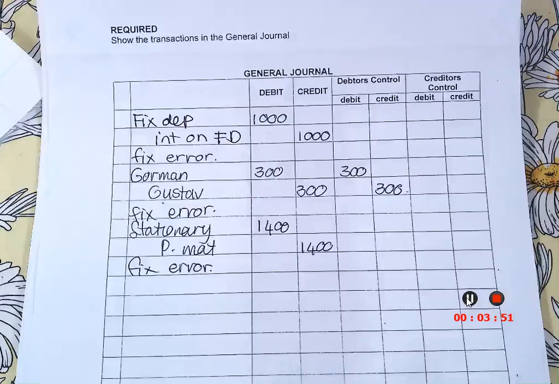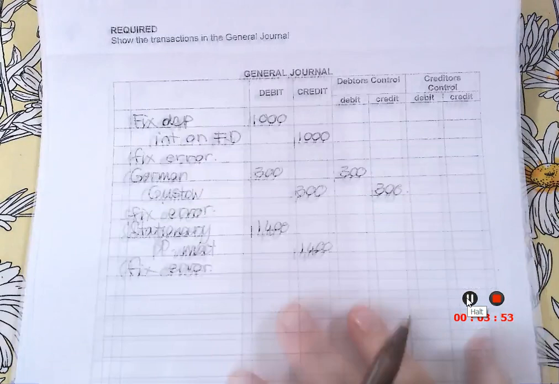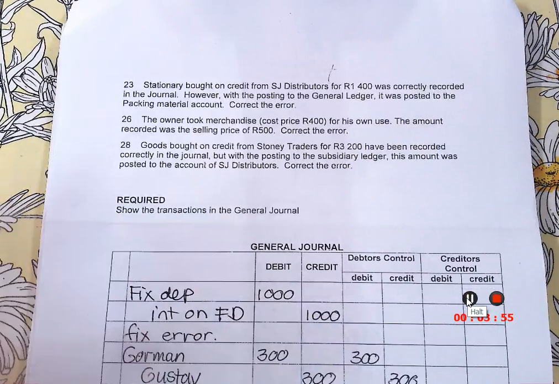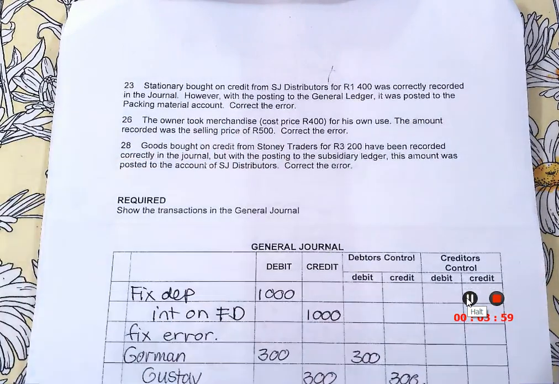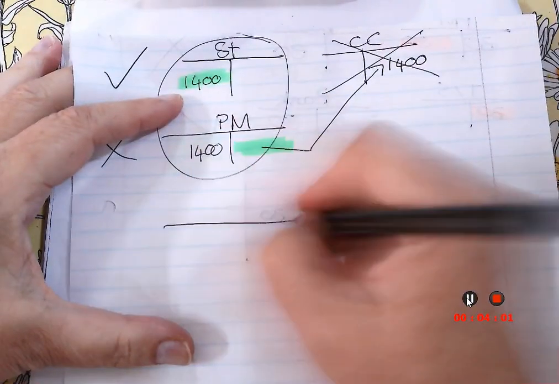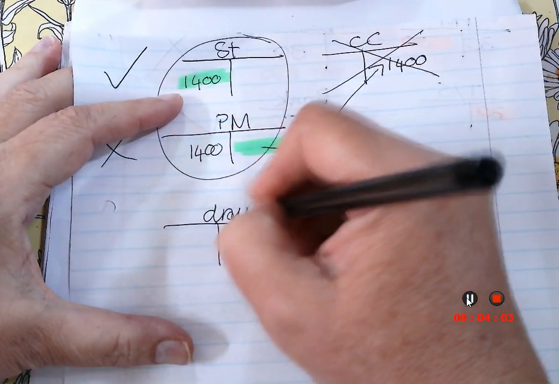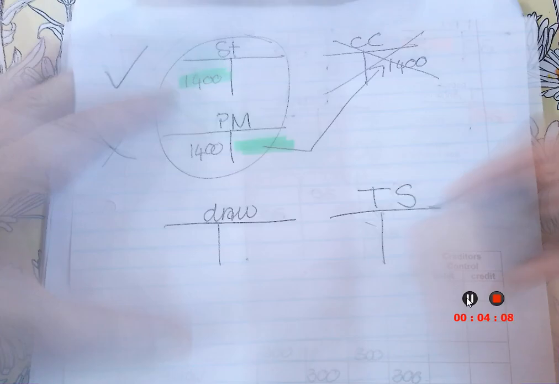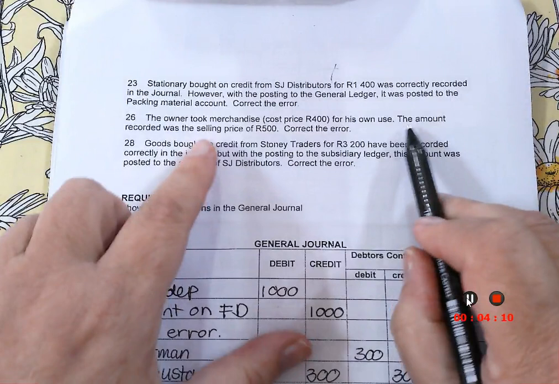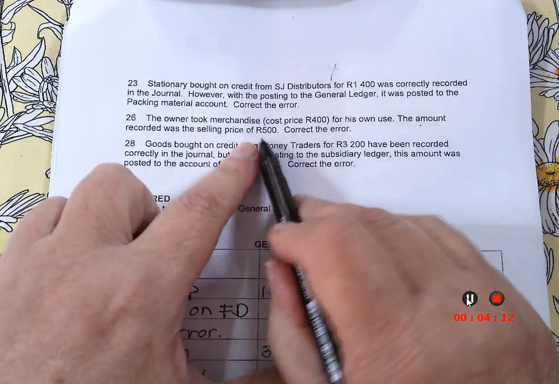Okay, with this one, if you look, they say the owner took merchandise for own use. So I know my two T accounts is drawings and trading stock. I know that. Ne? Now they say here the amount was recorded as 500.